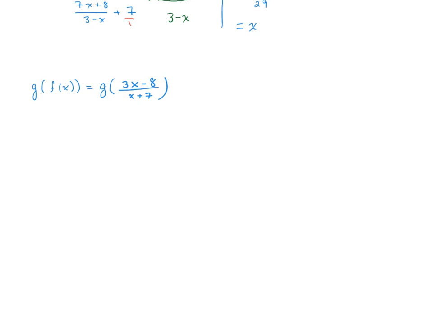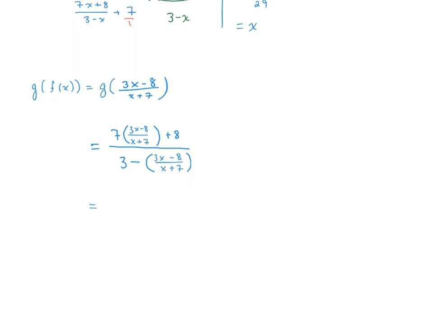So now what does g say to do to that? G says we take 7 times that input, add 8, and then 3 minus that. So we have 3x minus 8 over x plus 7 in each place.